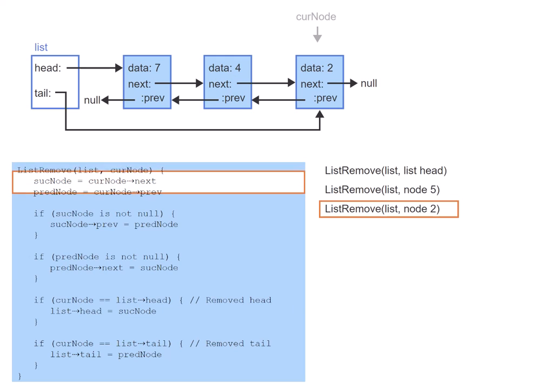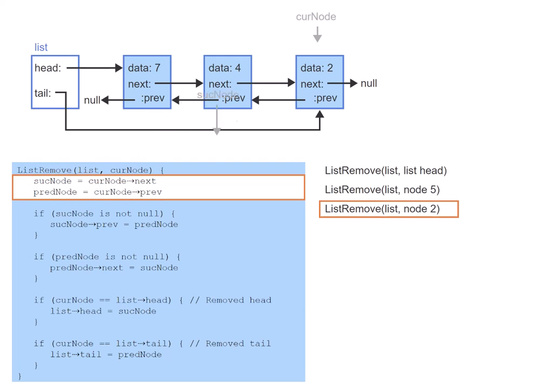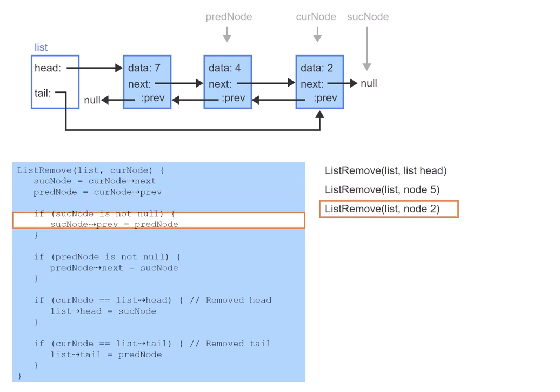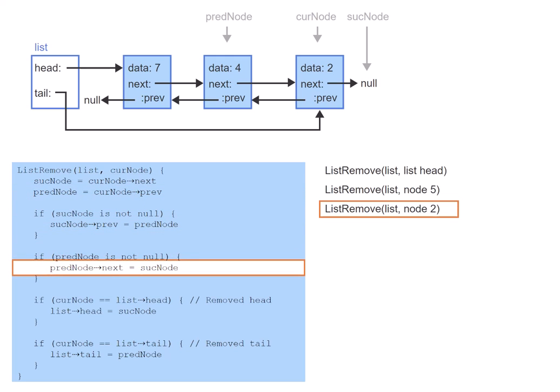Current. Successor becomes null, and predecessor becomes the previous. Next, we go to the second if statement.